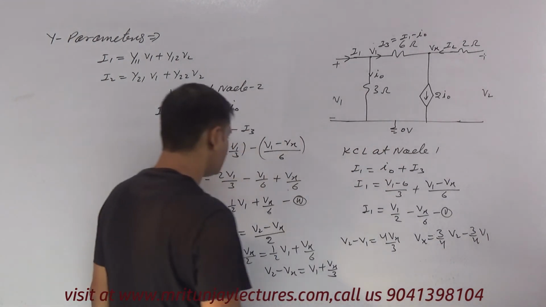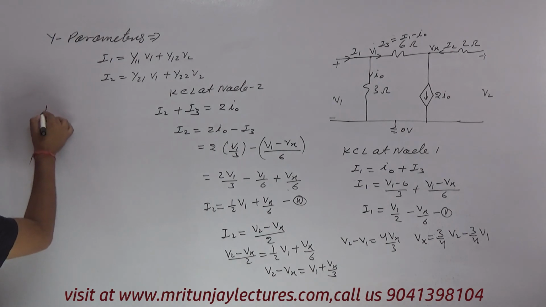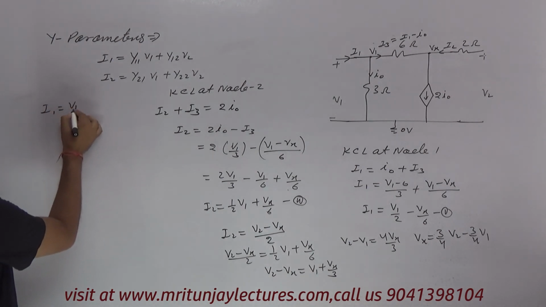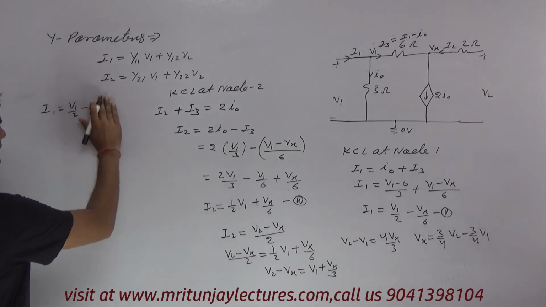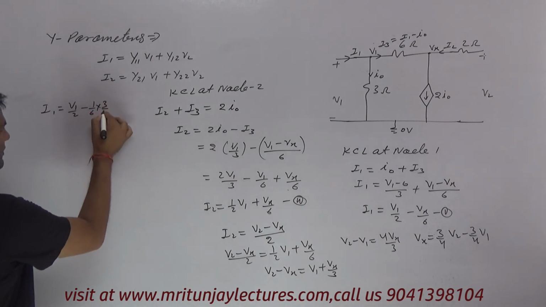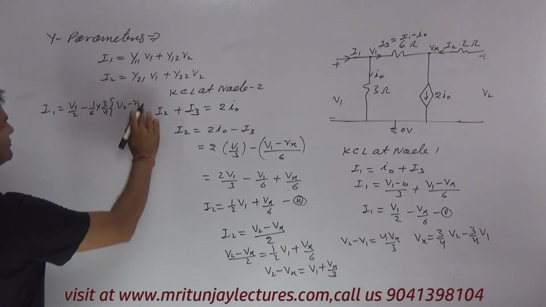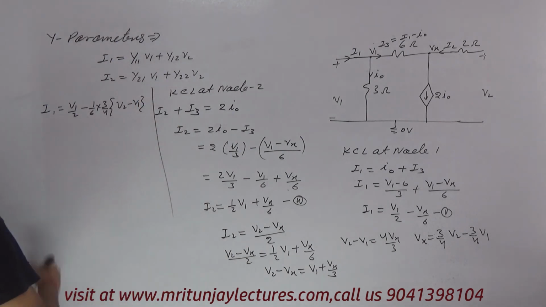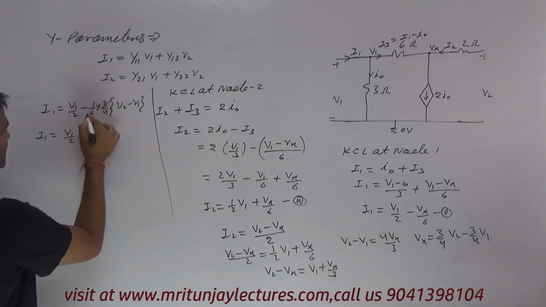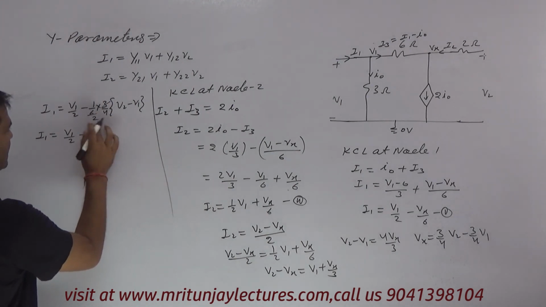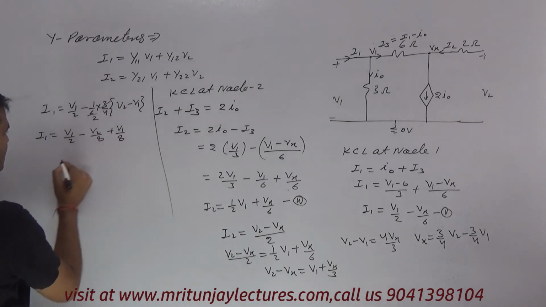If this value is put in equation number 1 and 2, then we got I1 and I2 in the terms of V1, V2. So V1 by 2 minus 1 by 6 into 3 by 4 V2 minus V1. So I1 is written as V1 by 2 minus V2 by 8 plus V1 by 8.